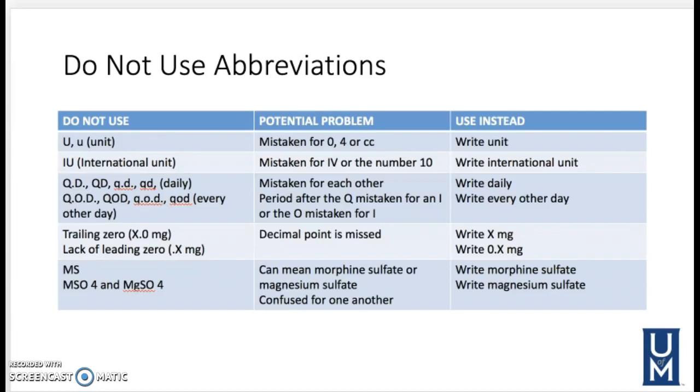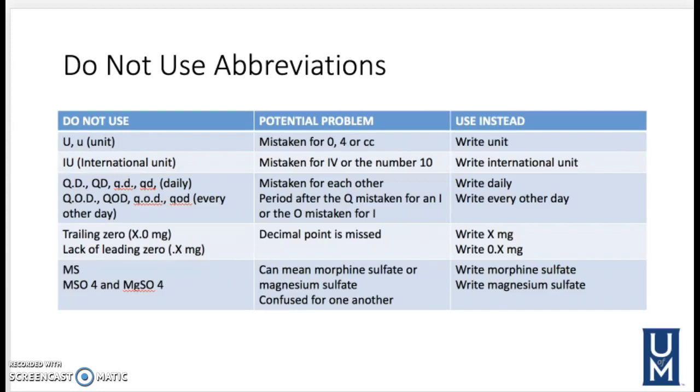If you have a decimal point and you have a number after that decimal point, you need to have a 0 in front of it. So our example here would be, you would need to write 0.3 instead of just .3 milligrams, because the decimal point often becomes missed when you don't have that leading 0.